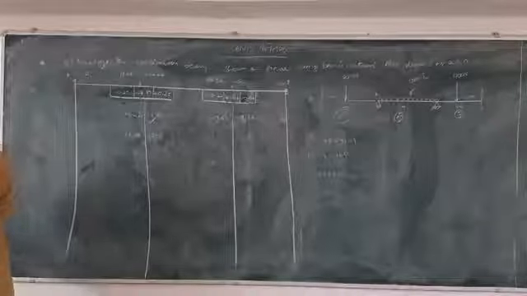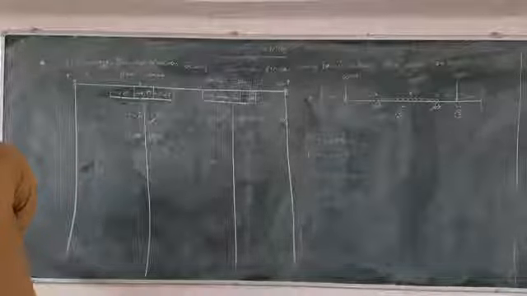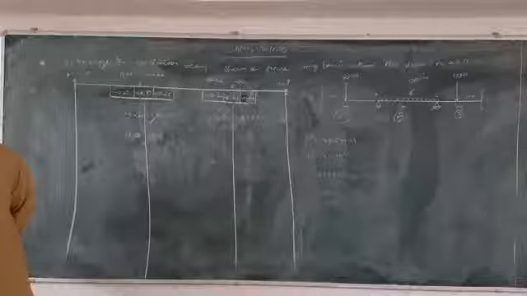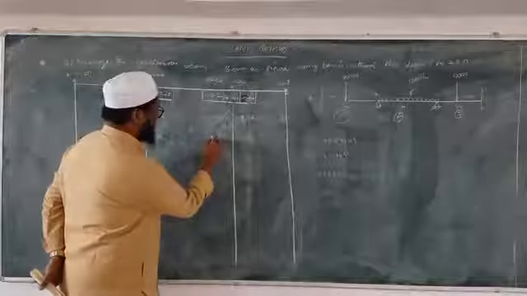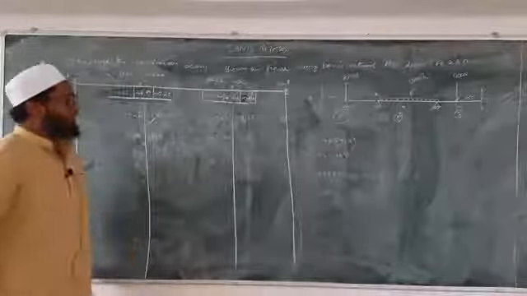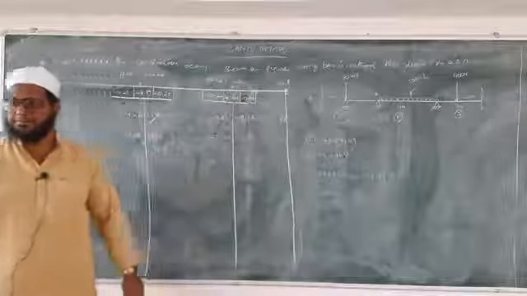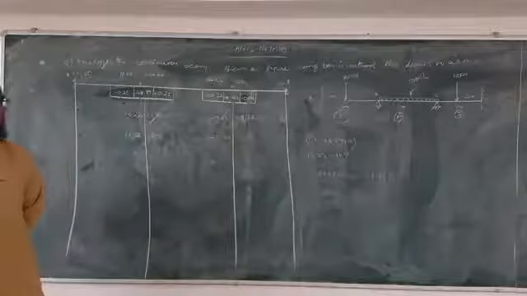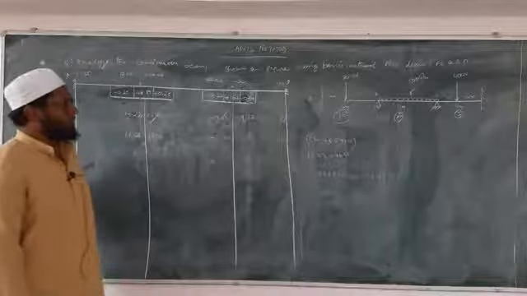21.03 into 0.33. Minus 21.03. Now the same value should be multiplied with how much?